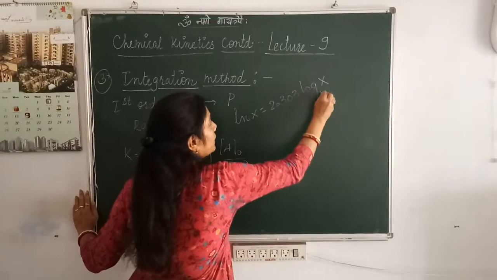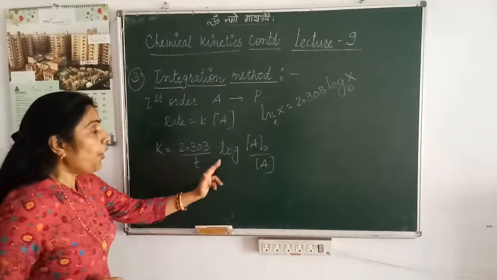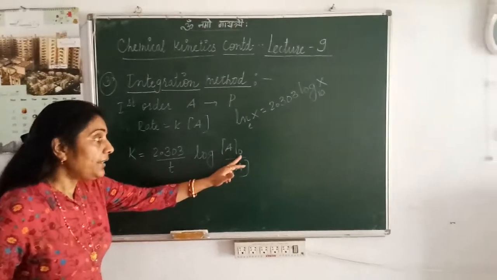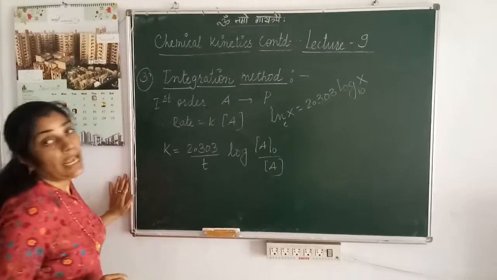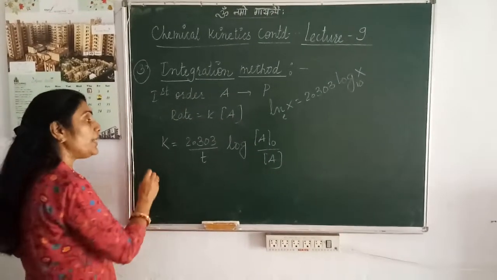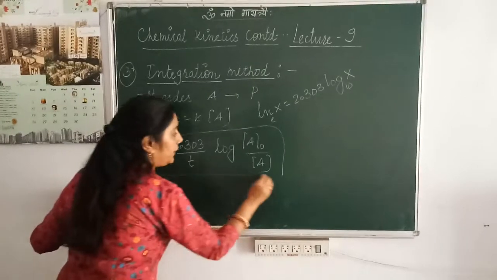The base of log is 10 and the base of ln is e. So log of the concentration of A at time 0, the initial time, to the concentration at time T. This is the expression for first order kinetics.